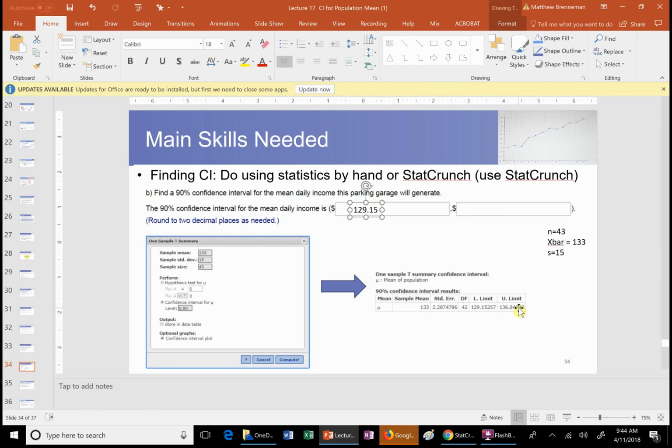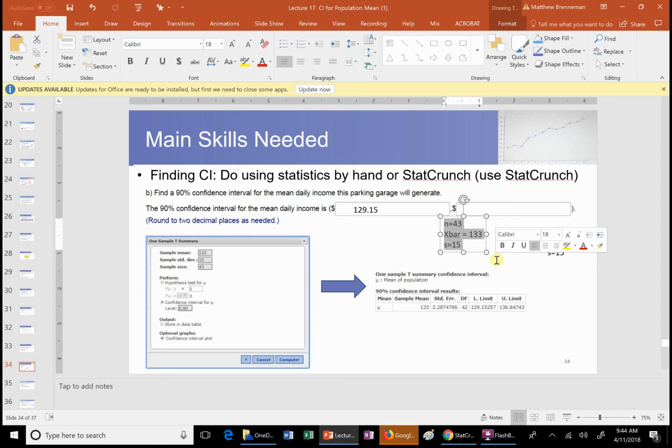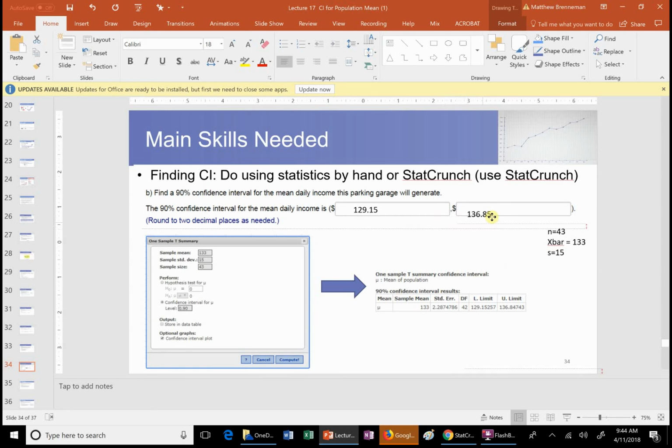And there's this thing called upper limit. That's the upper endpoint. And if I round that off properly, that's going to be 136.85. Okay. So this is another way to do confidence intervals in StatCrunch, and it's actually much easier.